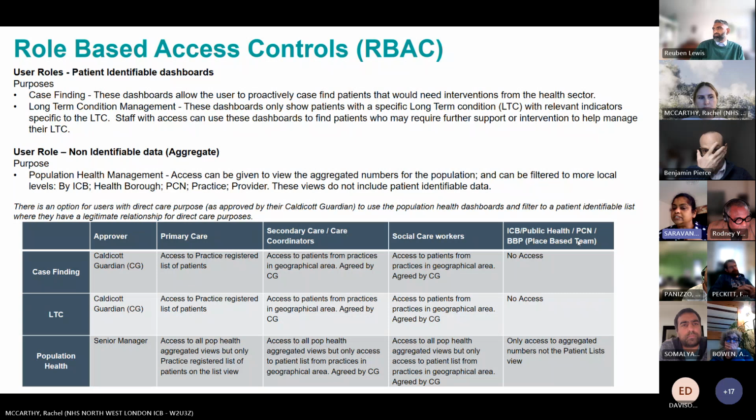So we need to see a copy of that contractual relationship before we are able to grant access to patient identifiable data. So I wonder whether we could still put the column in, because the answer isn't no access. The answer is there are different criteria, different thresholds to clear.